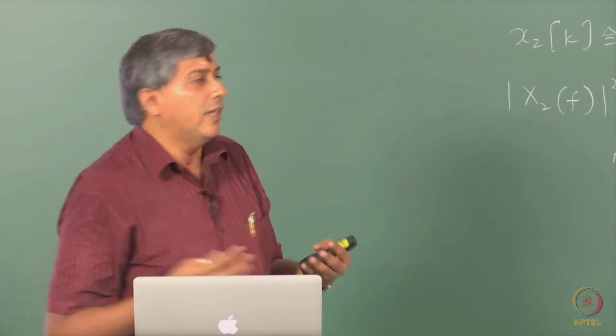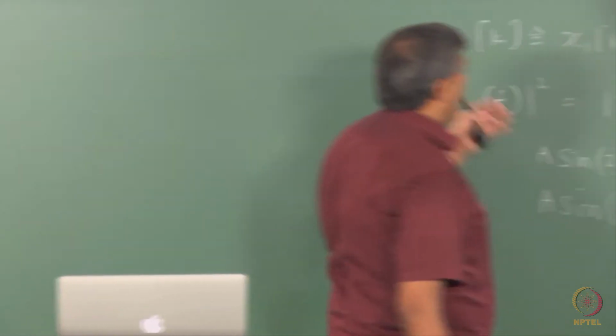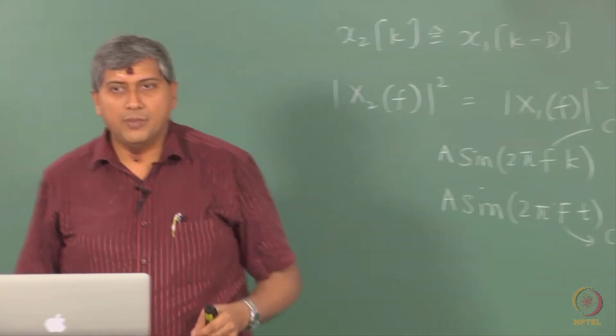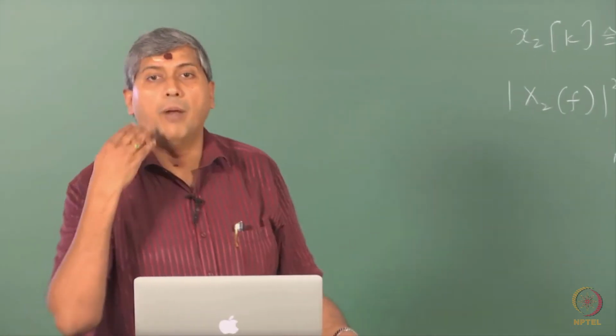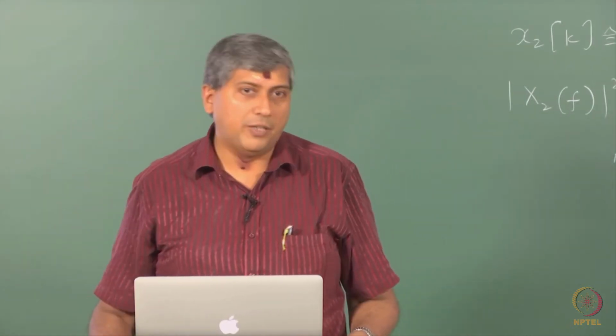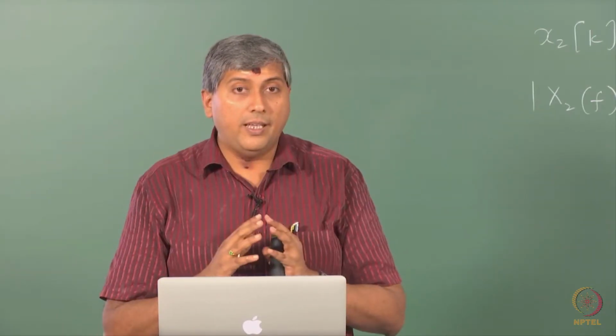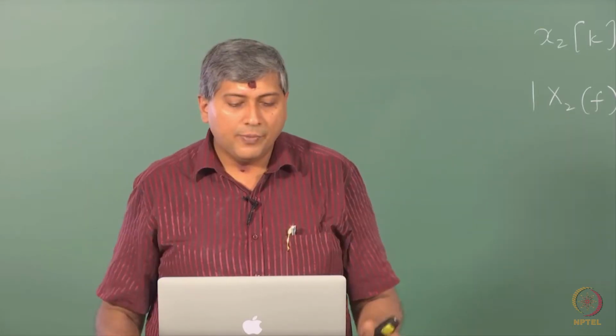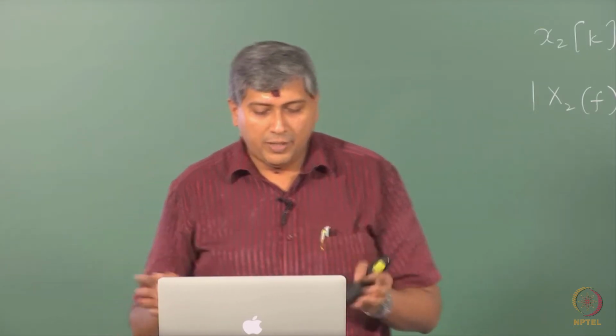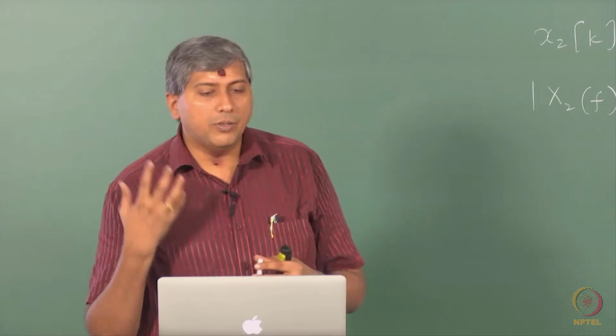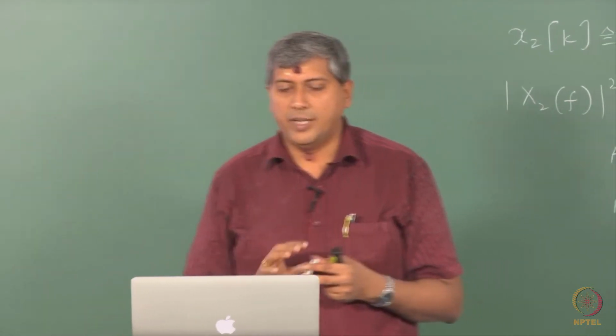That is a consequence of this property here, that is, the energy spectral density is blind to time shifts, which is both good and bad. We will not discuss the good part of it, or not even the bad part in detail, but I am just telling you that it has both its merits and demerits.